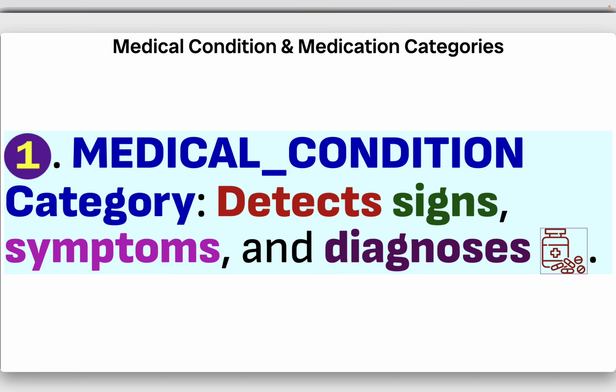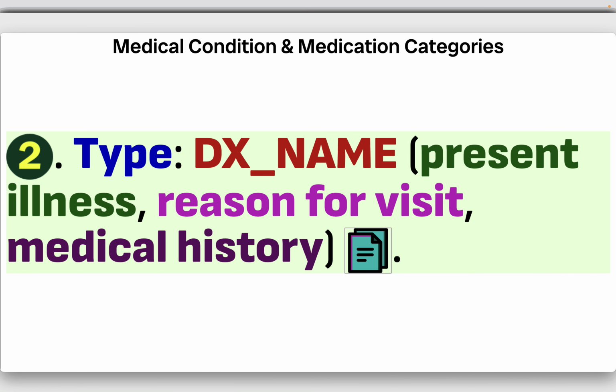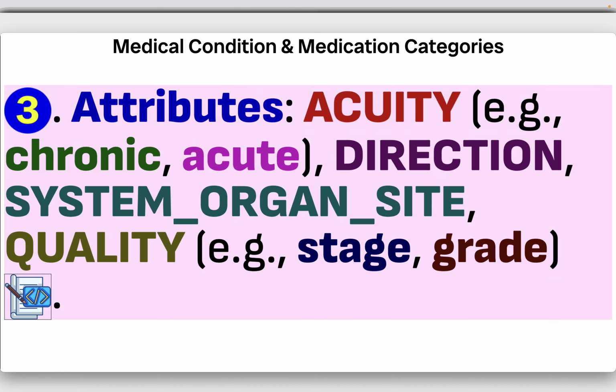Next, medical condition and medication categories. First we have the medical condition category. This category identifies signs, symptoms, and diagnosis of medical conditions. Type: the main entity type is DX name, which covers all listed medical conditions including present illnesses, reason for a visit, and medical history.